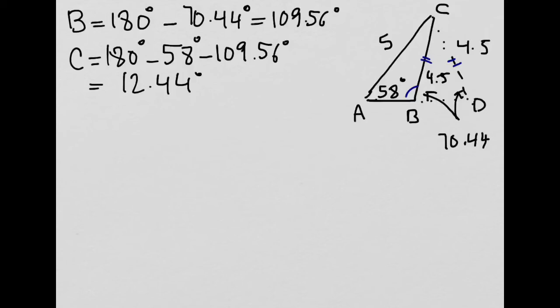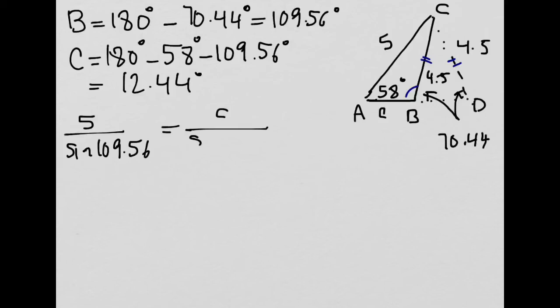It remains to figure out side length C. We use the law of sines to do that. So we have 5 over sine 109.56 equals side length C divided by sine of 12.44.